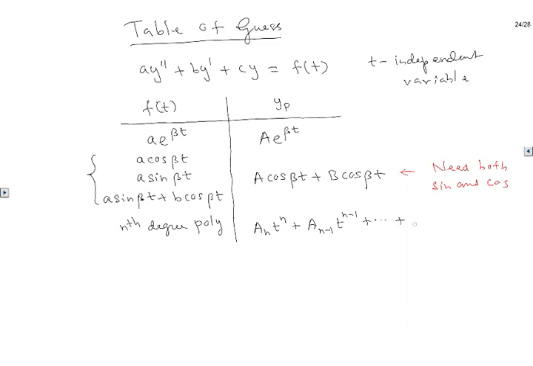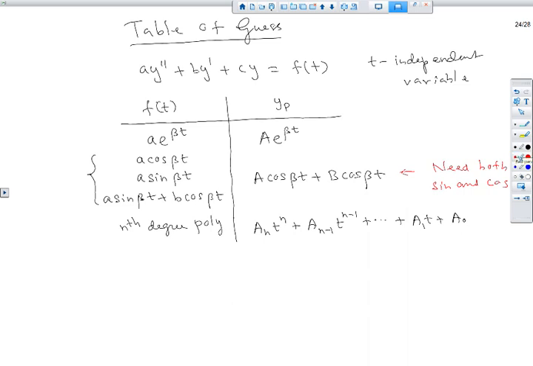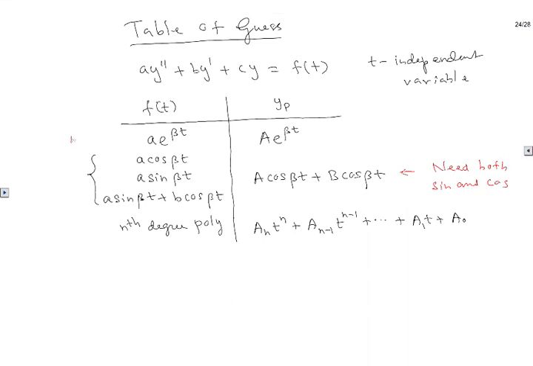You can write all the terms, everything, down to a1 t plus a0. So those are the three types: this is the first type, the second type, and the third type.